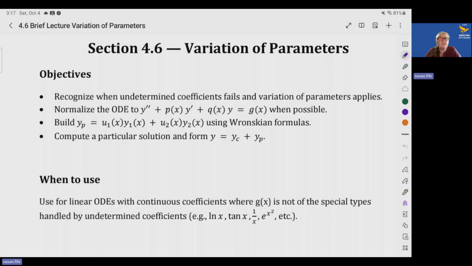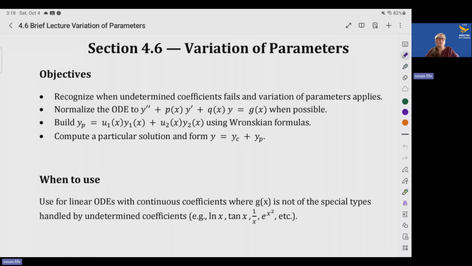And then we're going to build the particular solution in the form of u1 y1 plus u2 y2 using Wronskian formulas. And that'll give us a particular solution. y1 and y2 are going to be two solutions to the homogeneous equation, and that gives you the complementary solution.